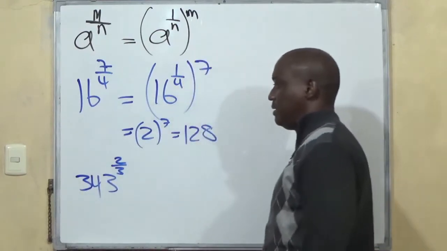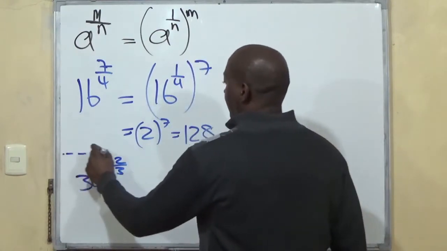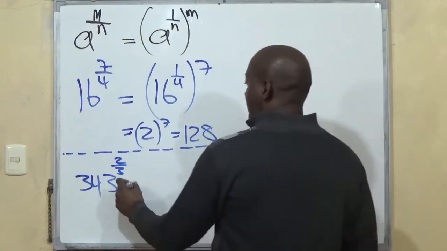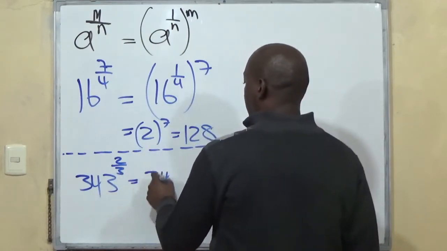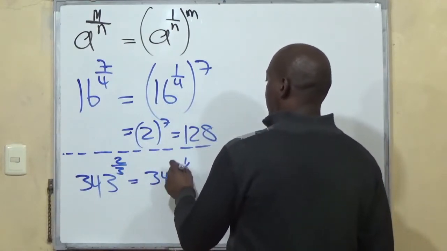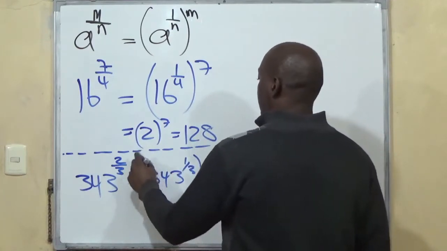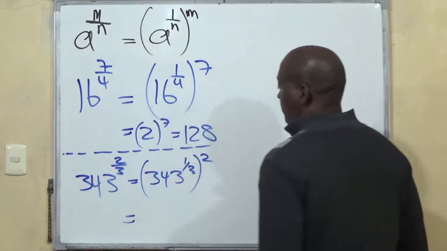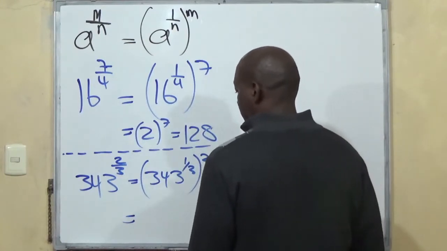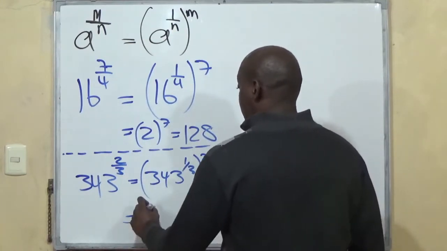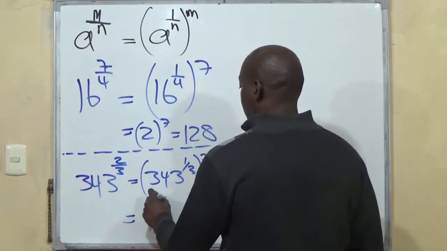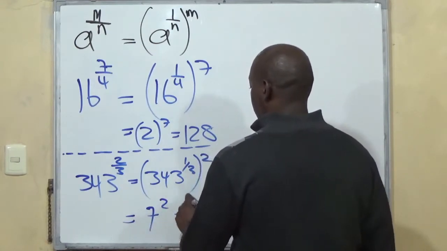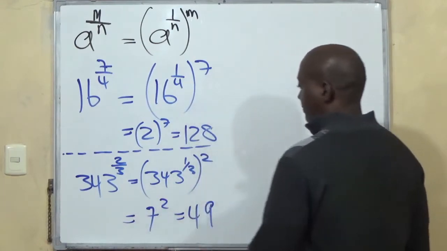See how nice it is? It's looking harder. That is the same thing as 343 to the power of 1/3, squared. 343 to the power of 1/3 is 7, which is 7 squared, which is equal to 49.